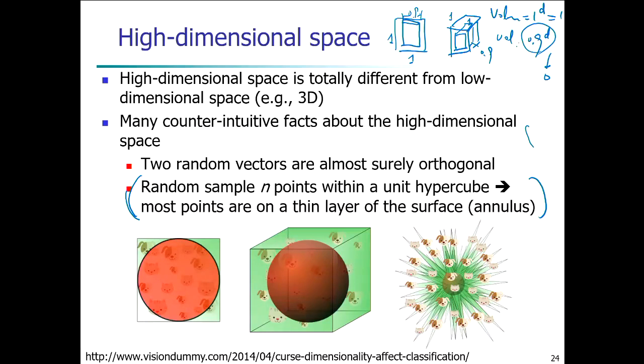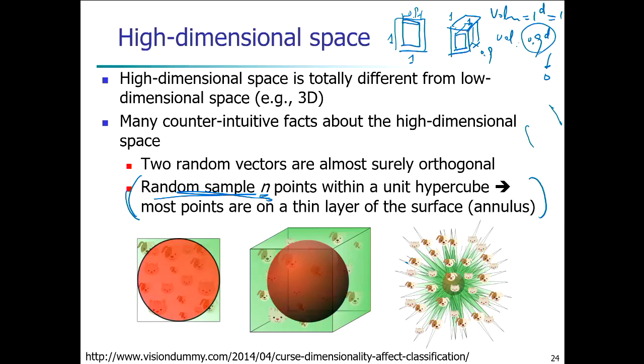Hence, if you randomly put many points into the unit hypercube, the inside core only takes, let's say, 1 millionth of the space. So most of the points are actually on a very thin layer, on the surface of the hypercube, if you like. That's the only logical explanation.